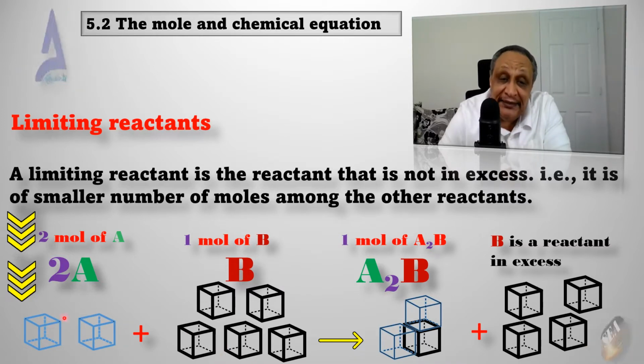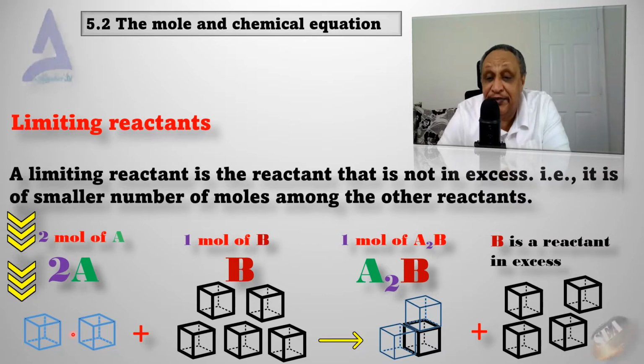So this is called a limiting recipe factor, while this one is an excess recipe factor, because you are going to exhaust all these items. However, still there is some left from here.